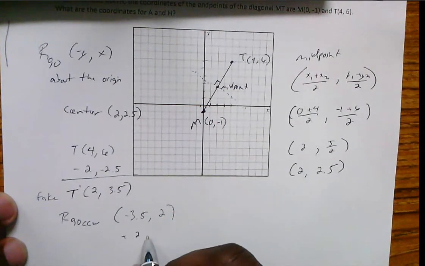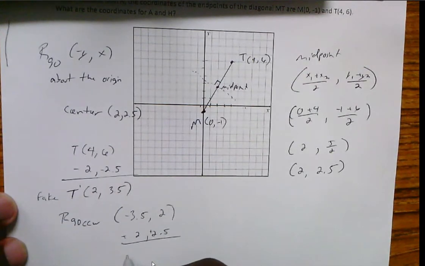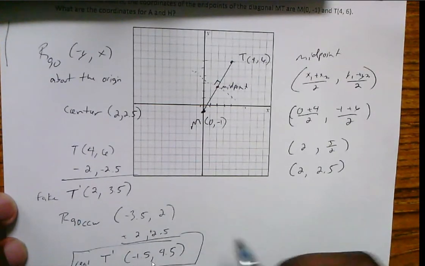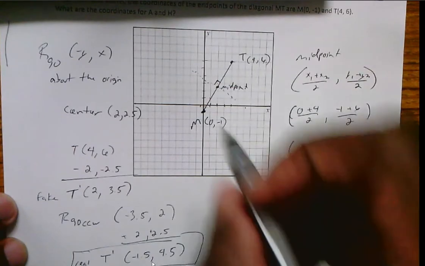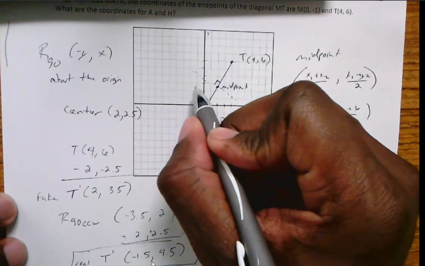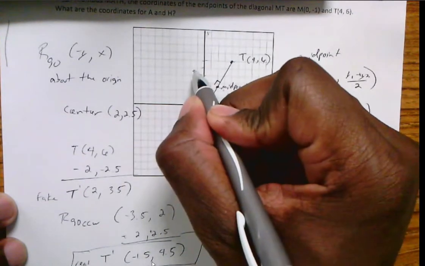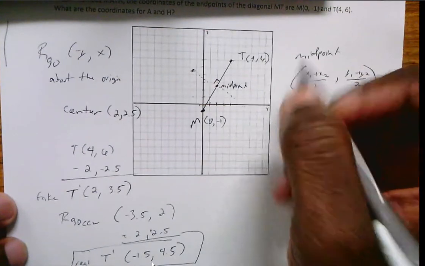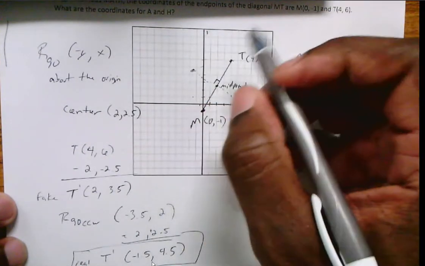So add 2 and 2.5 back to it. And the first coordinate should be -1.5, and that's going to be 4.5. So the real T prime would be at -1.5, 4.5. So it would be over -1.5 and up 1, 2, 3, 4.5, roughly where I thought it should be. So that's what it would be if I rotated that way.